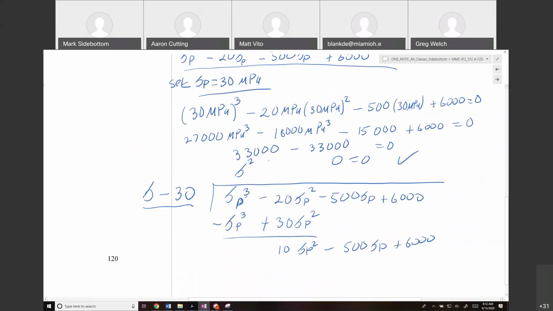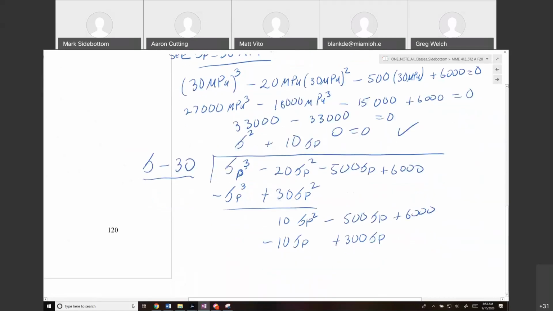Our second term would be 10 sigma p. You would multiply it out, so we get 10 sigma p squared minus 300 sigma p, and then we have to subtract both the terms from it. So we end up getting minus 200 sigma p plus 6,000. So we're going to multiply the sigma minus 30 by minus 200.